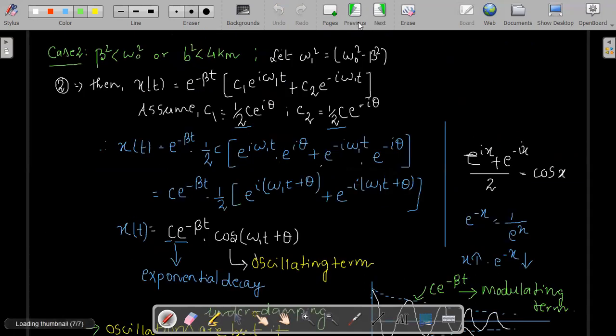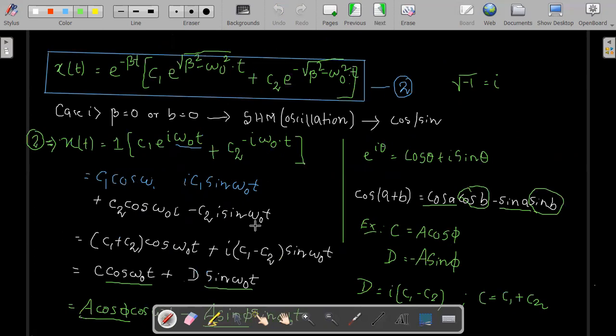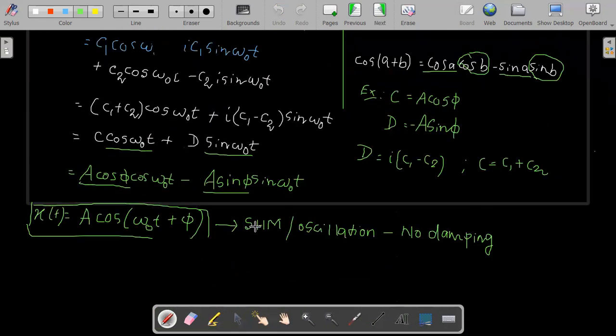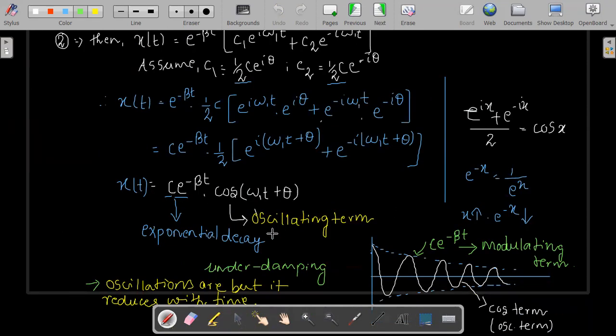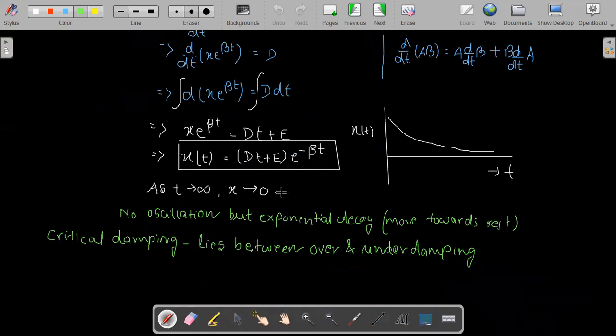And if you check the first case here, we have oscillation in the first term. In the second term, we basically have an exponential decay, but also an oscillating term. But here we do have only an exponential term. There is no oscillating term.